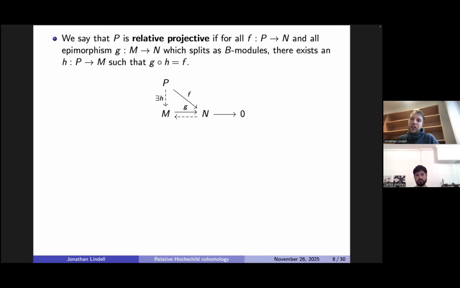So the difference here compared to a normal projective module is that we assume that our surjection is not only just a surjection, but also splits over B.